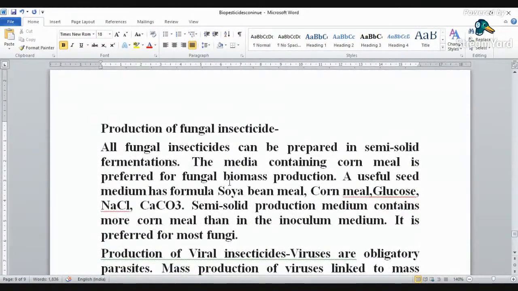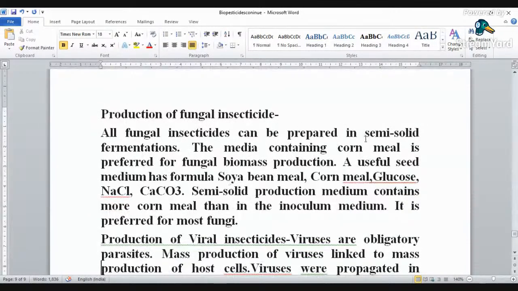Fungal insecticides can also be produced using a medium containing corn meal. Corn meal is the preferred medium for fungal biomass production. Useful seed medium for the fungal biomass includes soybean meal, corn meal, glucose, sodium chloride and calcium carbonate. What is needed in the medium if you are doing semi solid fermentation using corn meal as the substrate? The medium should contain soybean meal, corn meal, glucose, sodium chloride, and calcium carbonate.